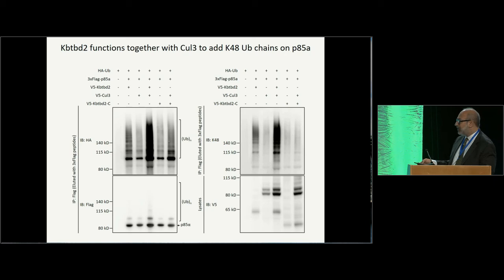In vitro, we could also document that P85 alpha was ubiquitinated with K48 linkage ubiquitin by mixing all of the components. In other words, ubiquitin, P85 alpha, KBTBD2, and cullin-3. And removing any of them would decrease the reactivity, although there's always some in the background, as these are cell lysates expressing each component.